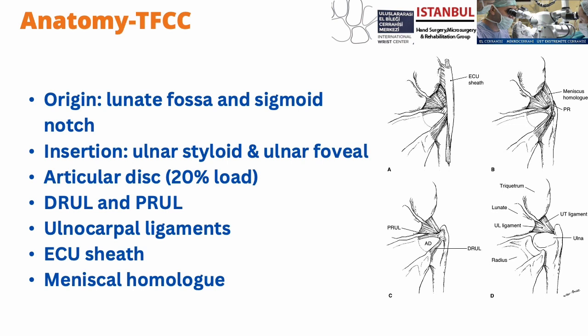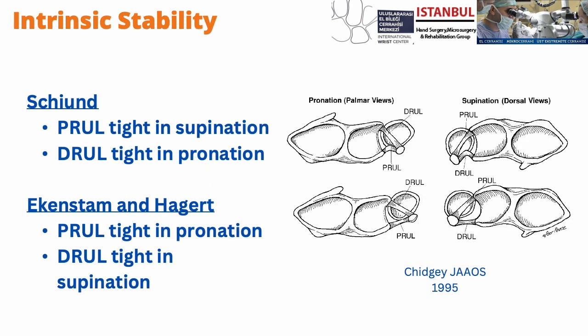The two most important components of the TFCC are the deep component of the TFCC and also the dorsal radioulnar and palmar radioulnar ligaments. The initial two landmark biomechanical studies of the TFCC, done by Chun and Ekenstam, show different results.